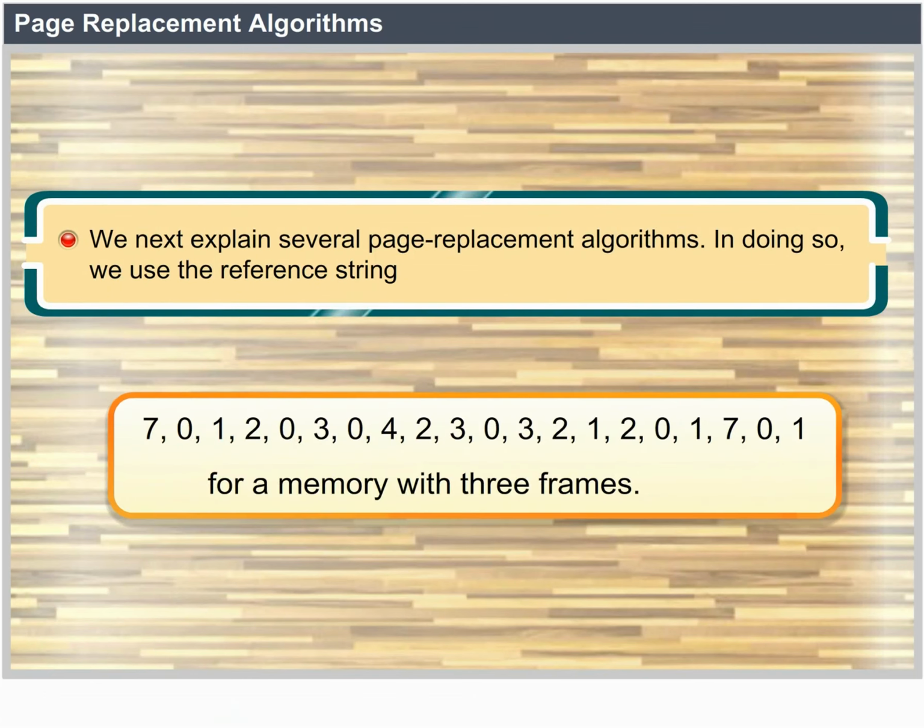In doing so, we use the reference string 7 0 1 2 0 3 0 4 2 3 0 3 2 1 2 0 1 7 0 1 for a memory with 3 frames.